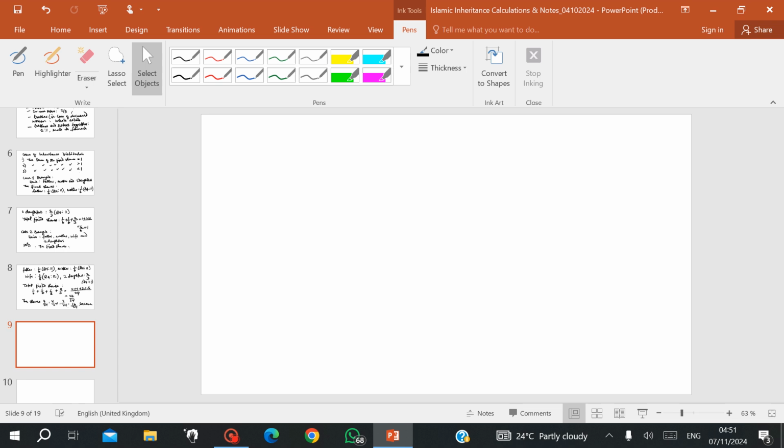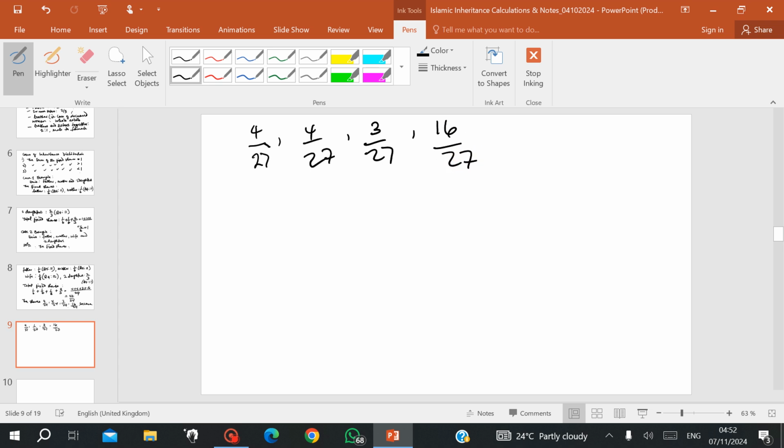That is, we increase the denominator from 24 to 27, where these shares 4 over 24, 4 over 24, 3 over 24, and 16 over 24 become 4 over 27 instead of 24. We now have 4 over 27 instead of 4 over 24, 3 over 27, and then 16 over 27 for the two daughters.